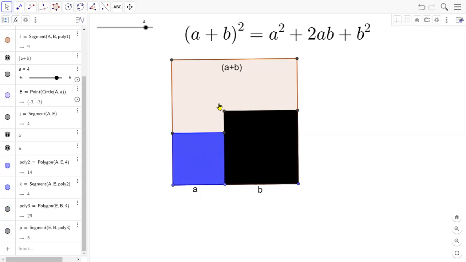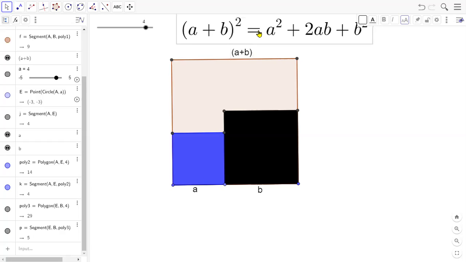And here we can see the remaining portions. Let me put a plus b over here, and let me split this L-shaped region into two parts.